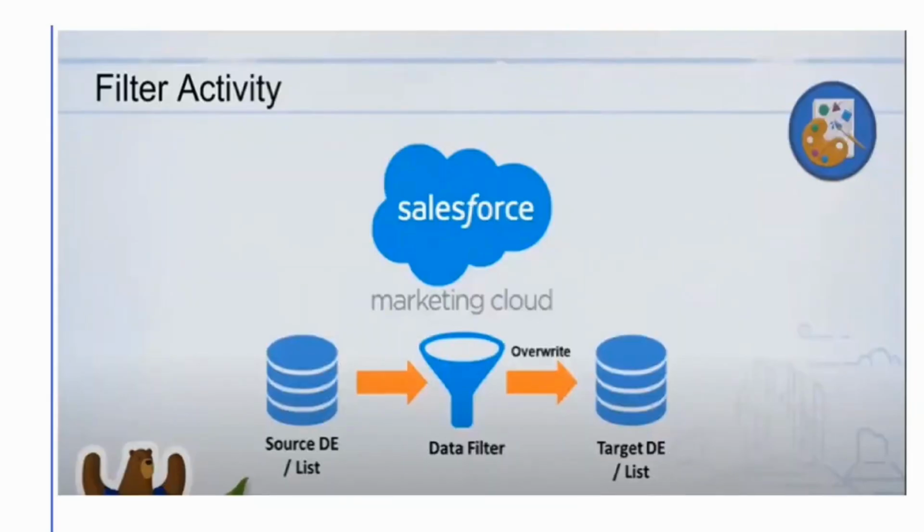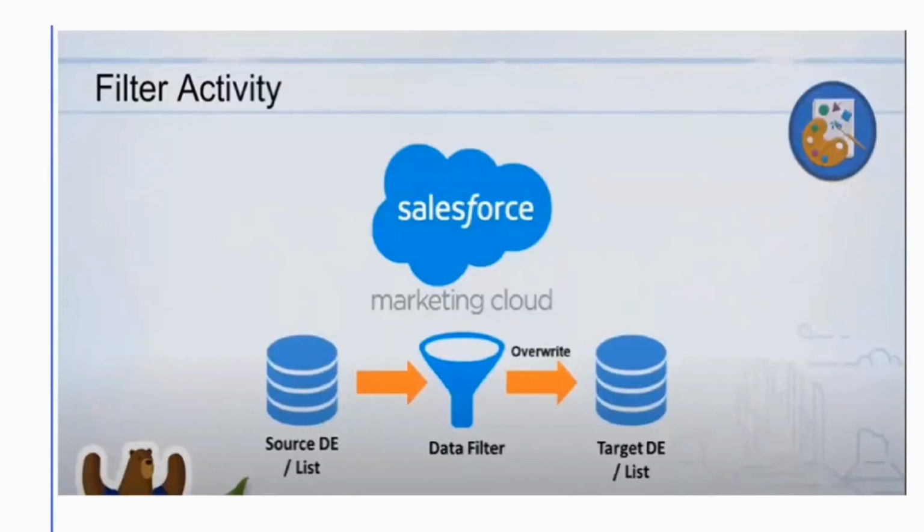Explain the entire process of how you will automate filtering a data extension, how to automate data filters, or these kinds of questions you will get. The filter activity pulls the data from a source data extension.